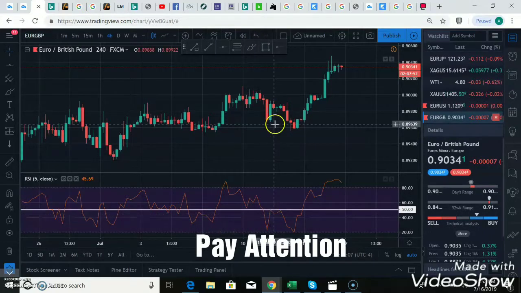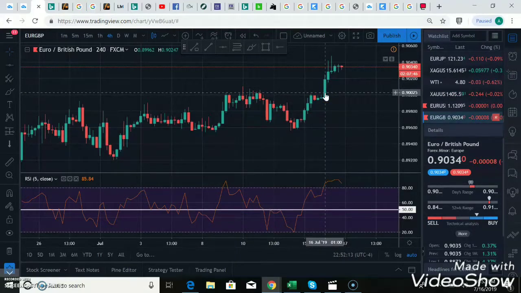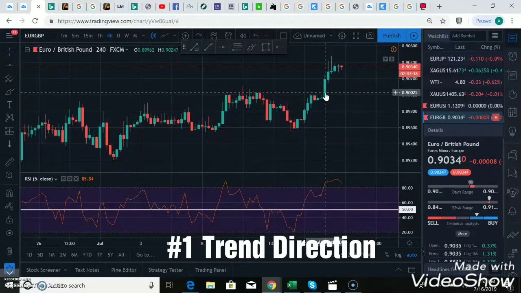Okay? And as you can see right here, it bought and then it went all the way up. Now, that's what the RSI told you. But remember, I specifically told you the number one thing is you need to determine the trend direction and then follow the RSI based on the trend direction.